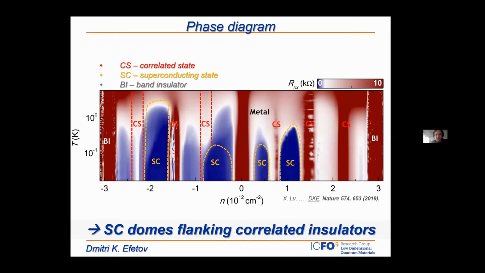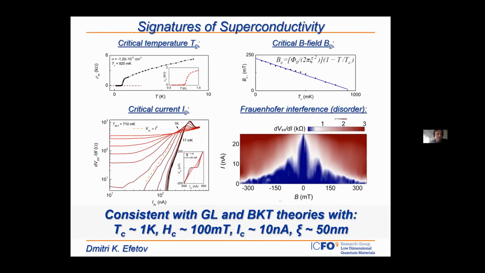To highlight how we are sure that these phases are really superconductors, we have made many tests. First and foremost, we observe a resistance versus temperature dependence which shows a clear critical transition temperature where the resistance drops to 0. Then, in magnetic field, we can kill the superconductor, where the critical magnetic field as a function of temperature behaves as predicted by Ginzburg-Landau theory.